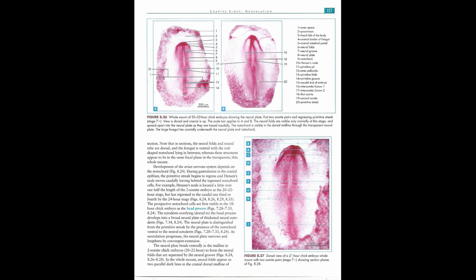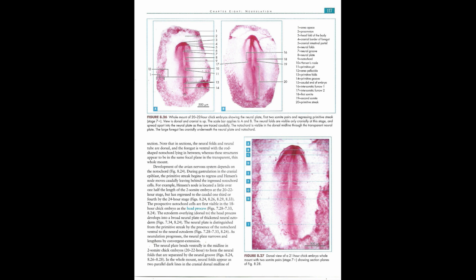The ectoderm overlying, dorsal to, the head process develops into a broad neural plate of thickened neural ectoderm, Fig 7.34, 8.24. The neural plate is distinguished from the primitive streak by the presence of the notochord ventral to the neural ectoderm, Fig 7.28 to 7.33, 8.24.